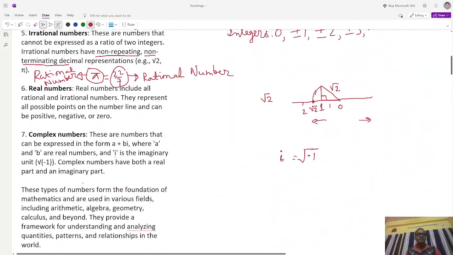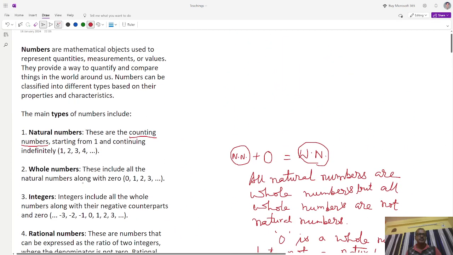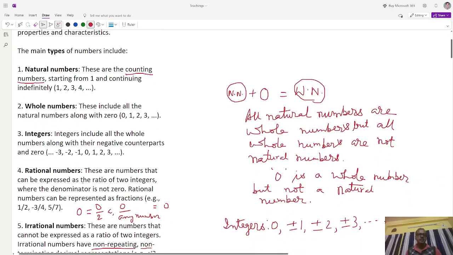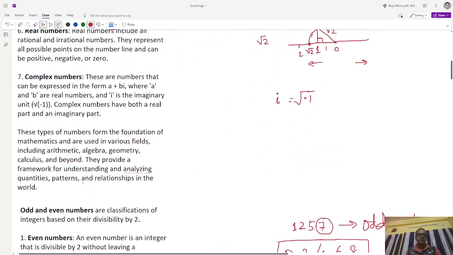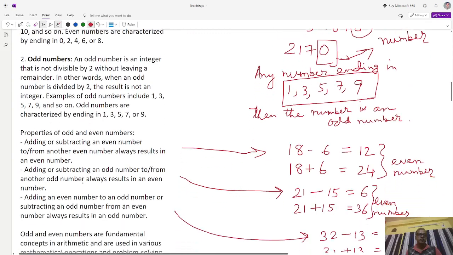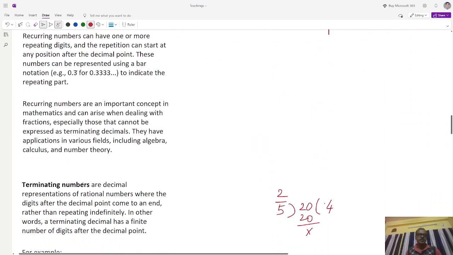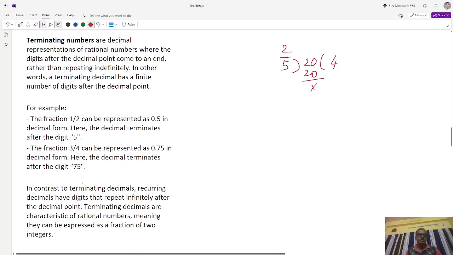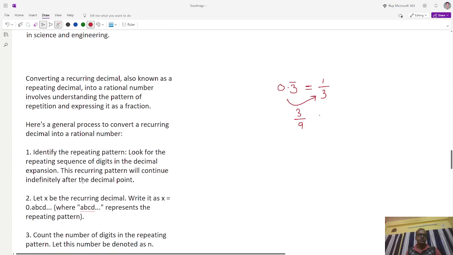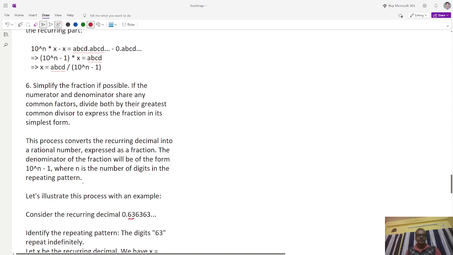You all understand what a number is, what the types of numbers are, odd and even numbers, their properties, recurring numbers, repeating, terminating numbers, and the conversion of recurring decimal to rational number. Okay. Thank you all.